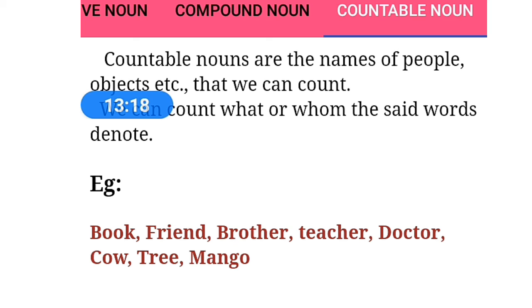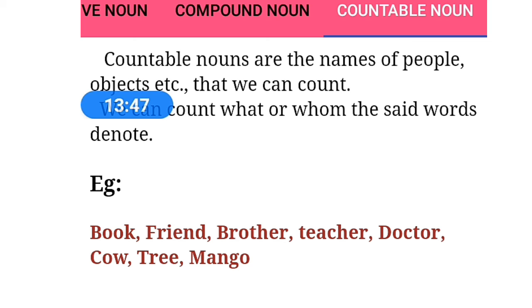The countable nouns are the names of people, objects, etc. that we can count. The thing we can count, whatever the said words denote, is a countable noun. Here I want to tell you a simple tip. The thing which we can start counting is a countable noun.